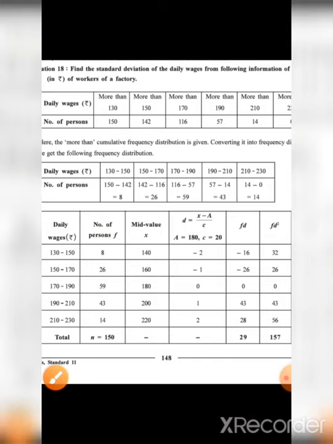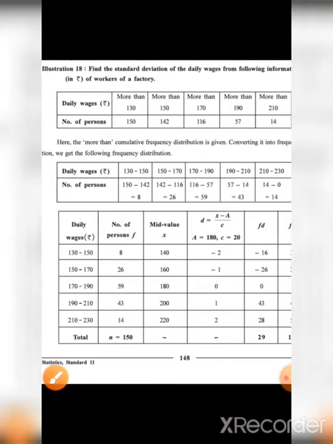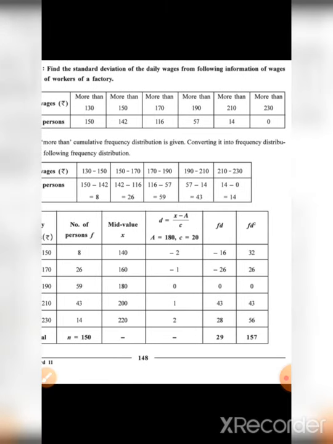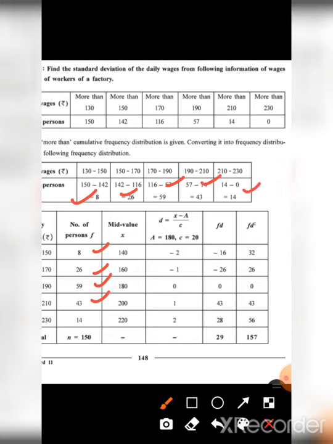Simultaneously you find the frequencies: the first one is 8, then 26, then 59, then 43, and then 14. When you total the frequency, it comes to 150.